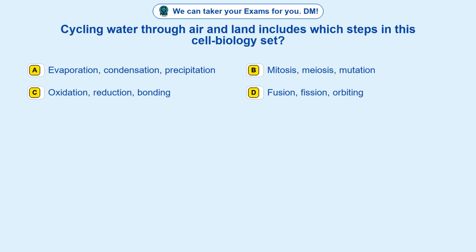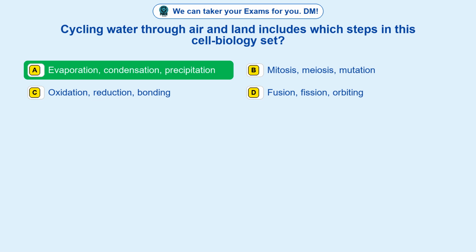Question 87. Cycling water through air and land includes which steps in this cell biology set? Option A, evaporation, condensation, precipitation. Option B, mitosis, meiosis, mutation. Option C, oxidation, reduction, bonding. Option D, fusion, fission, orbiting.